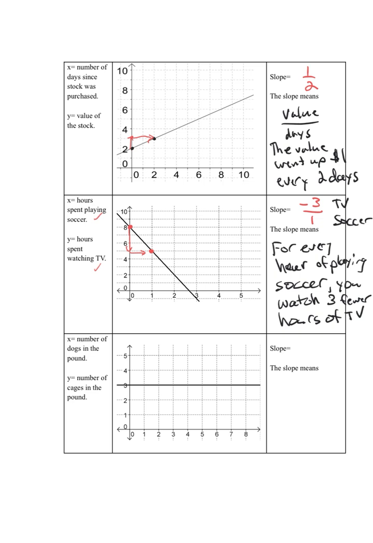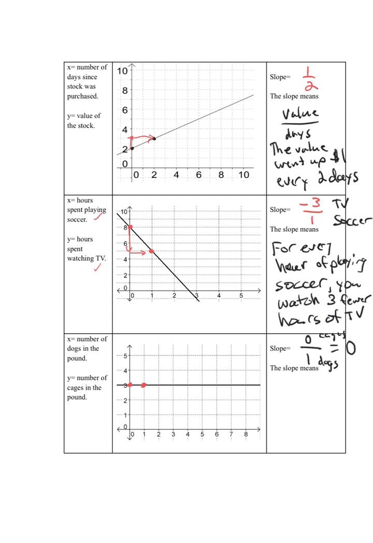Okay, and this last one here, if you're looking at this, the points don't actually go up or down at all. So in this case, this would be like an up 0 over 1, which ends up being a slope of 0. But in terms of speaking of both directions, this is the numerator, the change in y, so that's cages, and this is dogs.